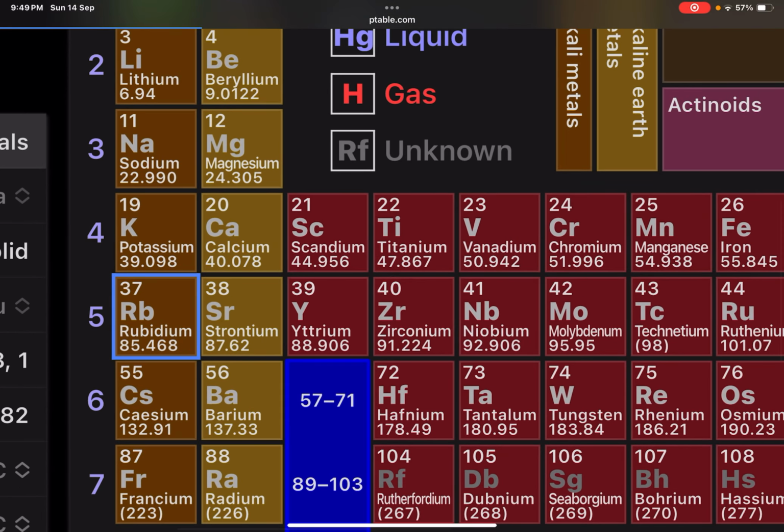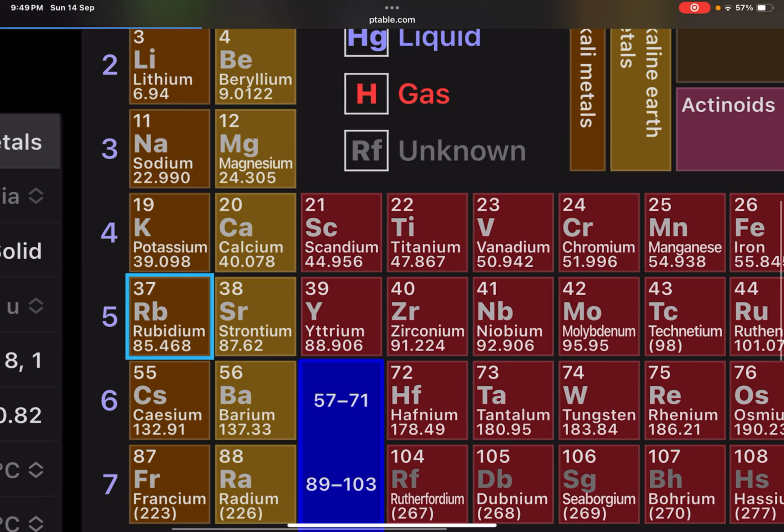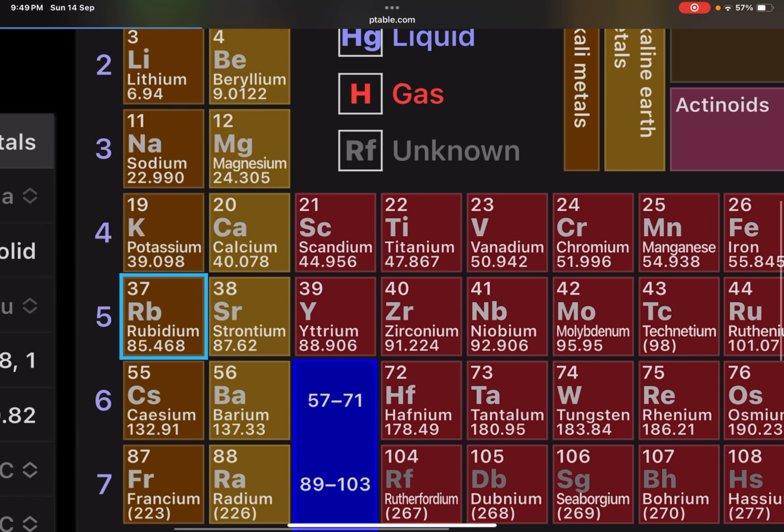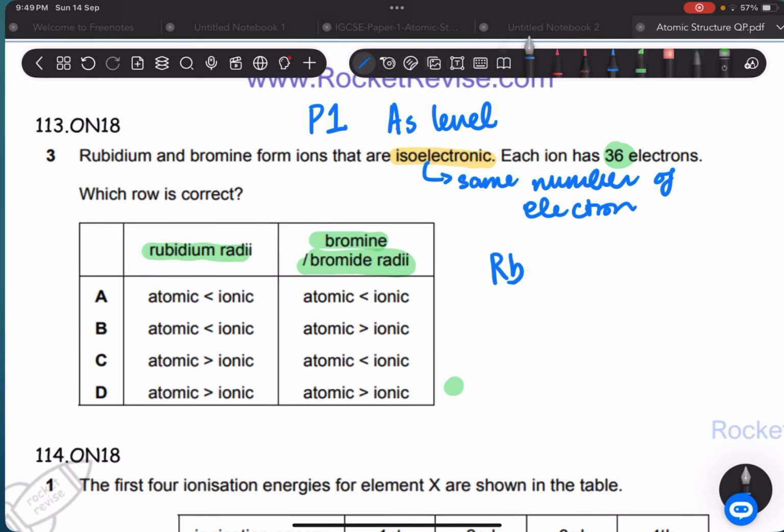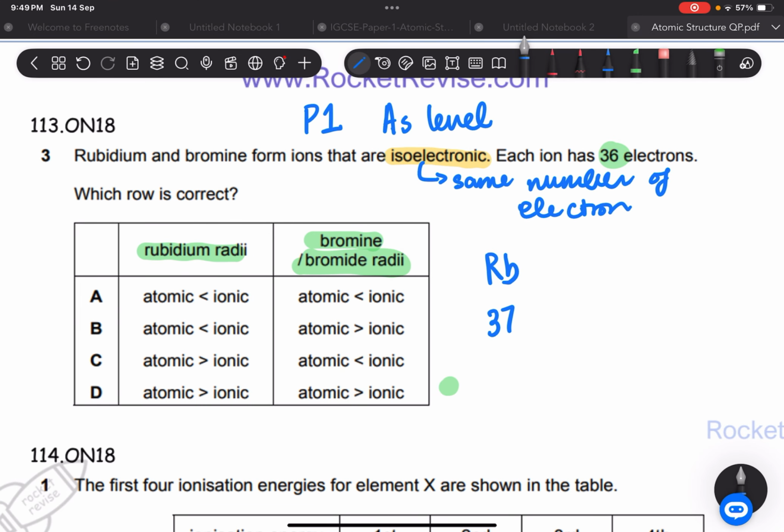Rubidium has a total of 37. The top number is basically your proton number. Rubidium has 37 protons, and once it forms an ion, it's going to lose one electron, so it's going to have 36 electrons, right?